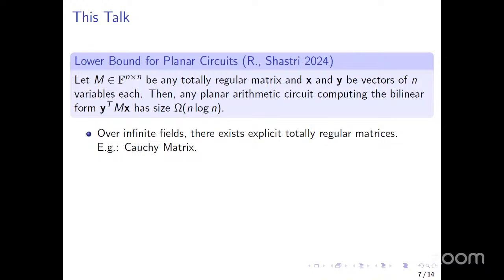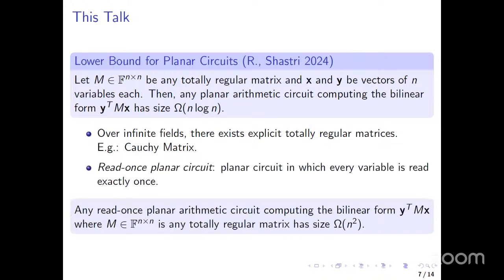Is that okay? Okay. For the purpose of this talk, we are going to see a much toned down version of this statement. I'll define a model called read-once planar circuits, similar to what Sumegha did. It's a planar circuit where every variable appears exactly once as a leaf. So if x1 appears as a leaf once, it's not allowed to appear elsewhere as a leaf.